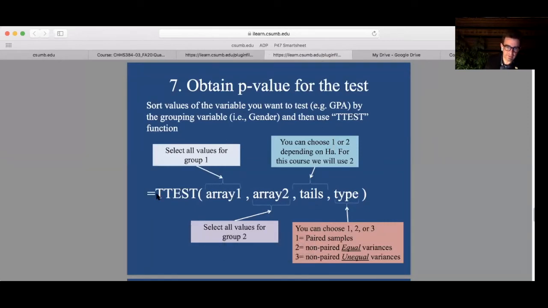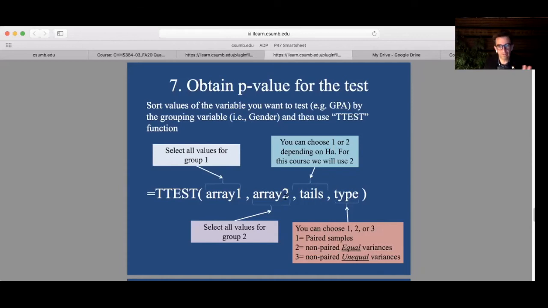This function t-test is asking you for 4 things this time. It's asking you first for, give me all the values for the first group. That would be the family income for all the babies with low birth weight. Then comma, then give me all the values for the family income for all the babies with normal or higher birth weights.